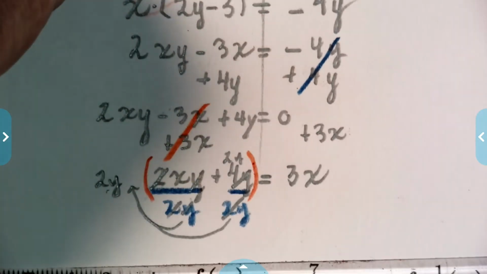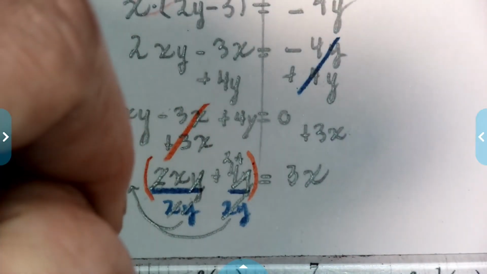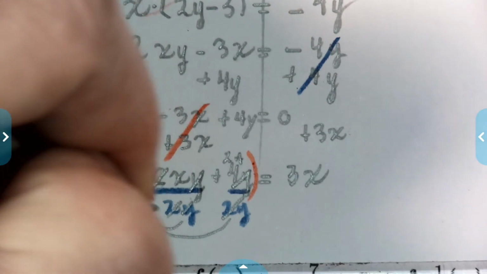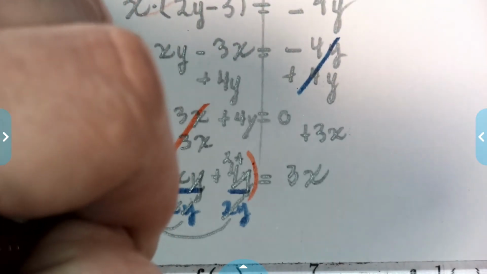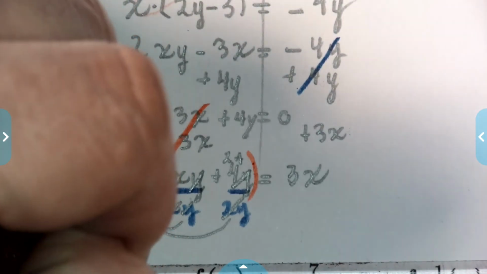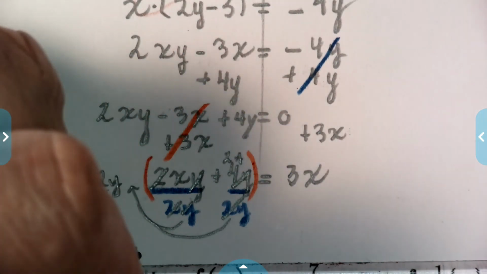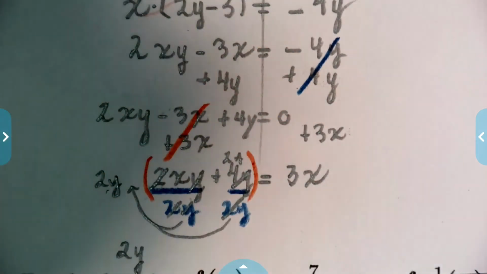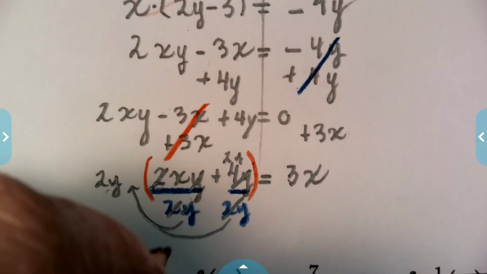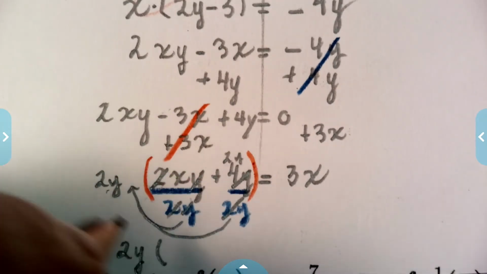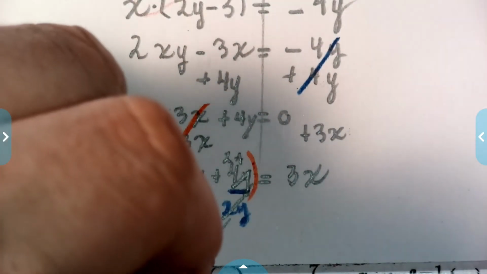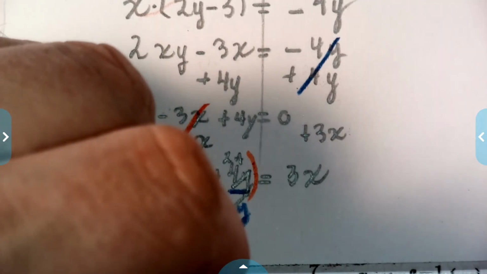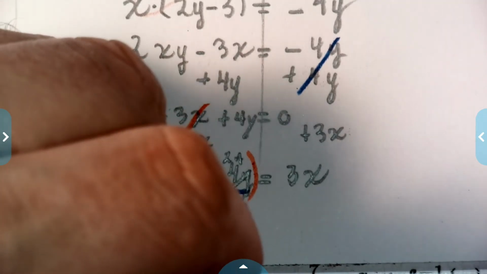Okay, so I'm going to run out of room here, but I'll write that final line here. So we have 2y, and then in the parenthetical expression, I've simplified it down to be x plus 2y.